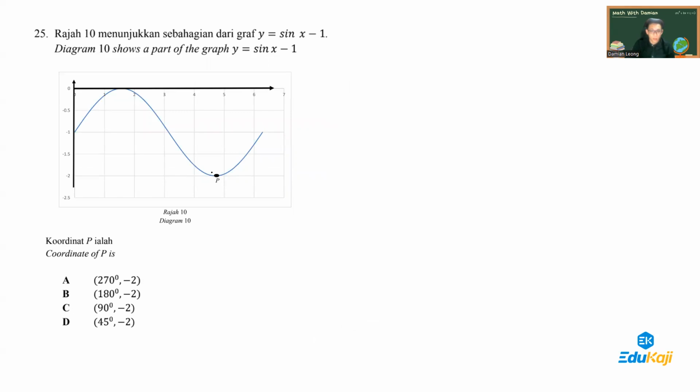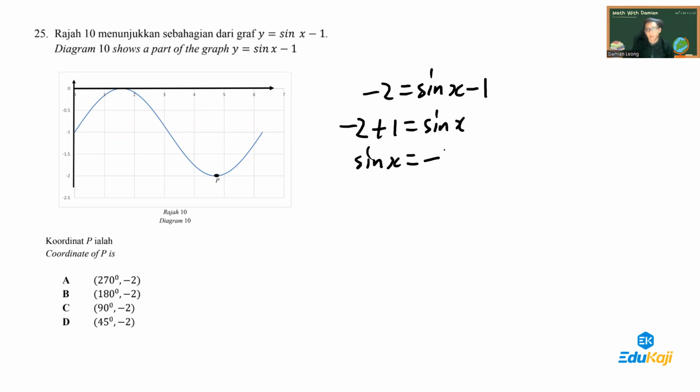25, I want to find the coordinates of point P. This is sine x minus 1. So this is when y is -2. -2 equals sine x minus 1. Bring over the -1, opposite, plus 1. So sine x is -1. So sine x is -1, basically 0, 90, 180, 270, 360.